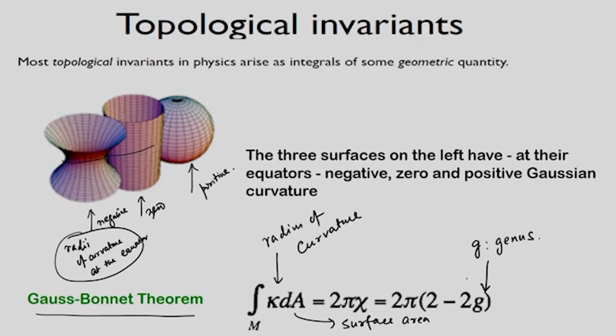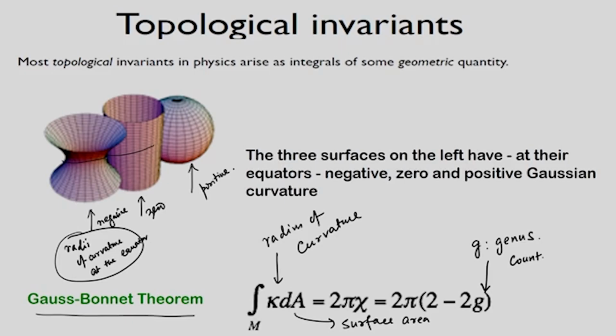Okay. And so, whatever may be the shape of this object that you consider, if you take the radius of curvature and then integrate over the entire surface area, this gives you a constant, and this constant contains a quantity called genus, which just counts the number of holes of the object.